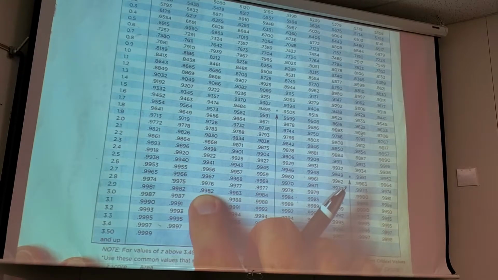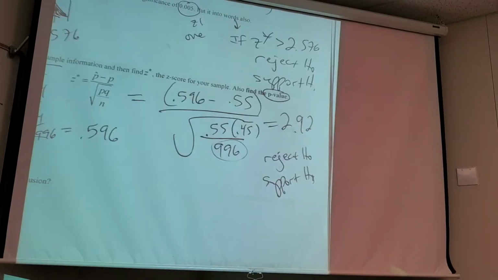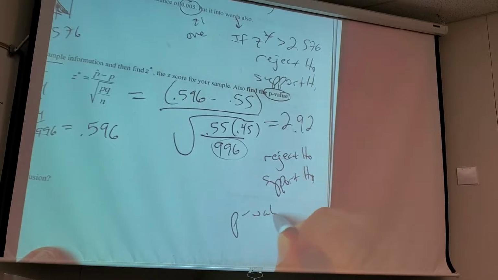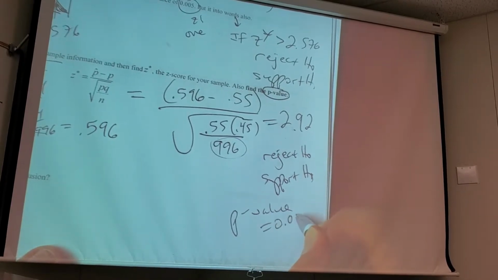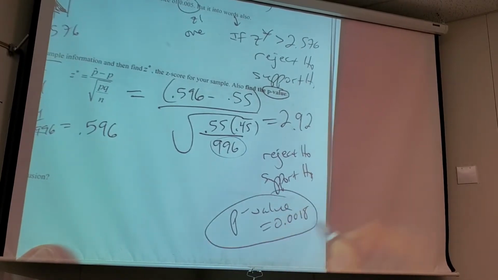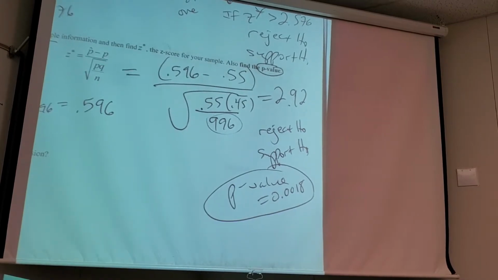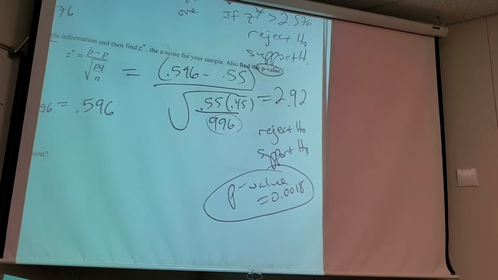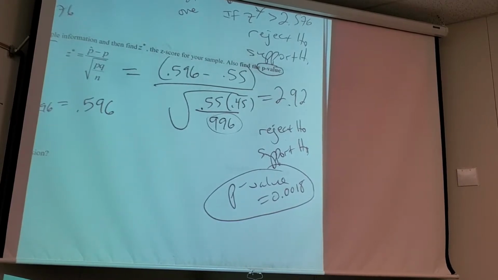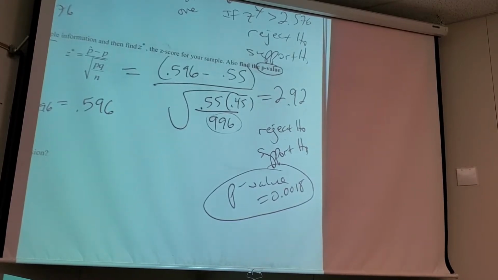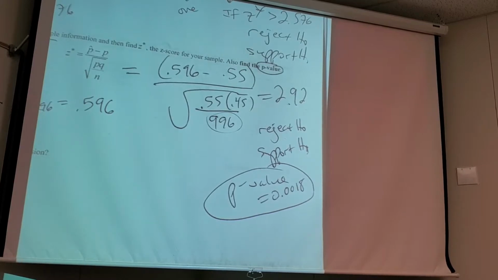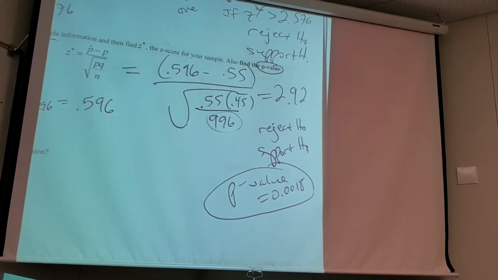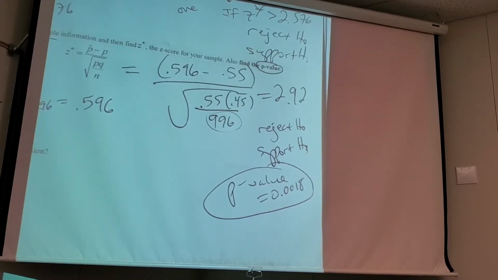So then 1 minus that, 0.0018. Is that a good p-value? It is small. The smaller the p-value, the more likely it is that your conclusion is right.